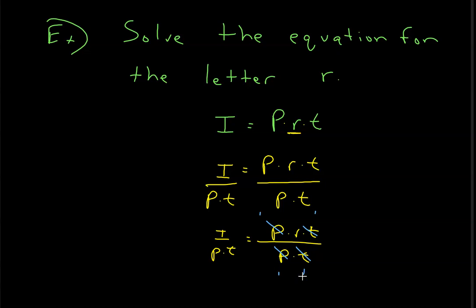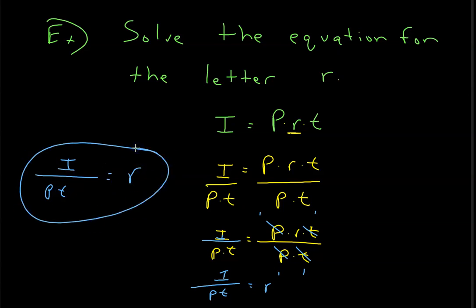So that gives you I over pt, and that should equal the letter r. I over pt equals r. And that looks a little better. So that will be the process of solving that equation for r.